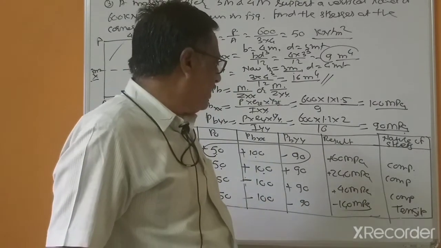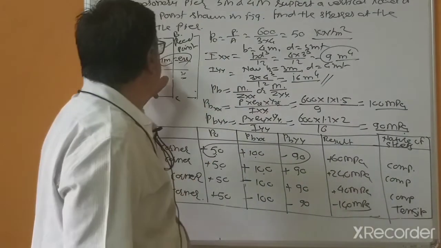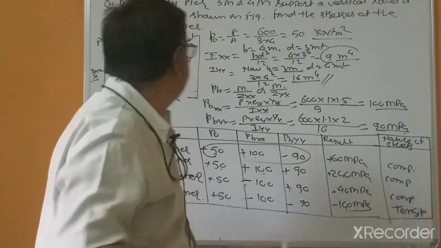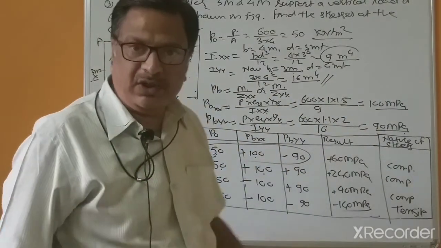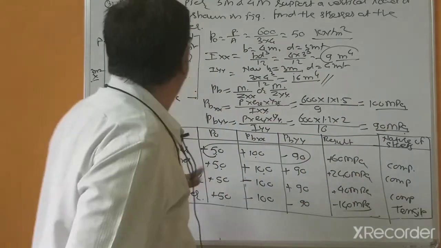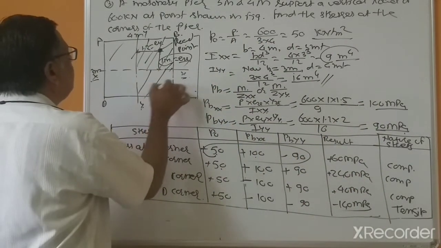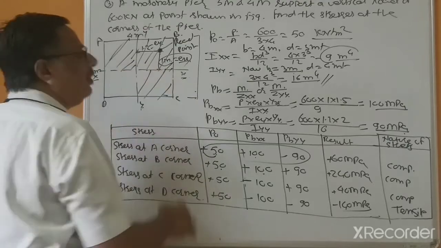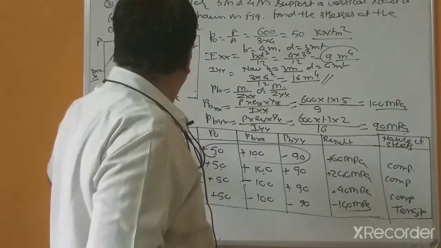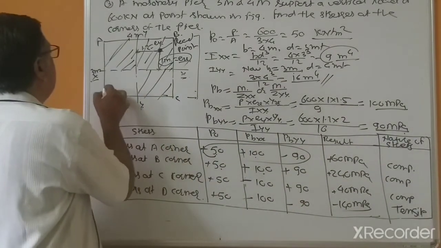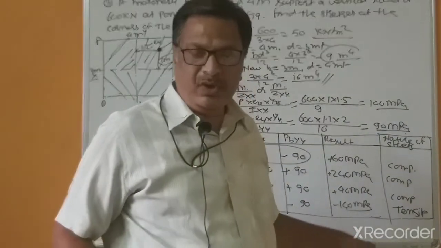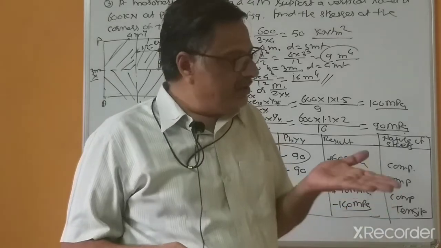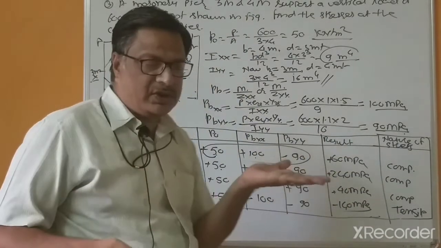Now I think you understand, if the load point is nearer to a corner, the stresses induced there are compressive only. But at D corner, the nature of the stress induced is tensile.